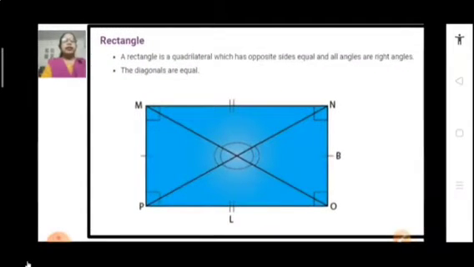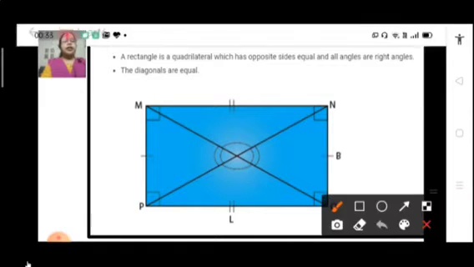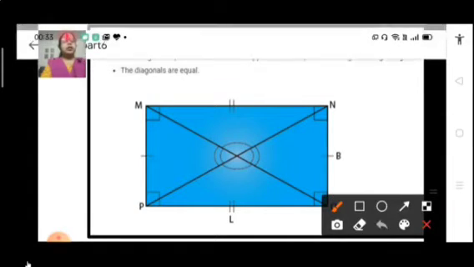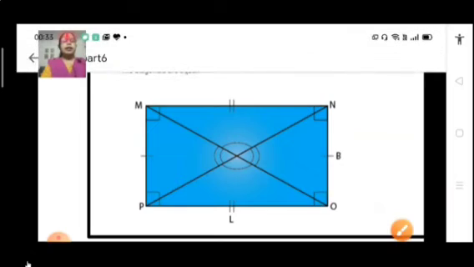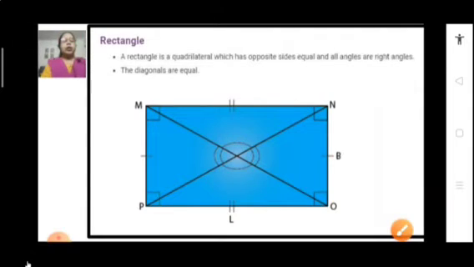So here we have another rectangle, MNOP, a quadrilateral with equal opposite sides and 4 right angles, and the diagonals of the rectangle are equal. What are the diagonals?